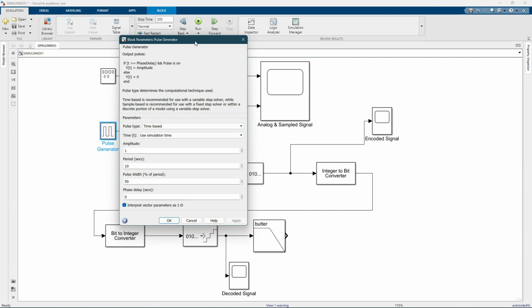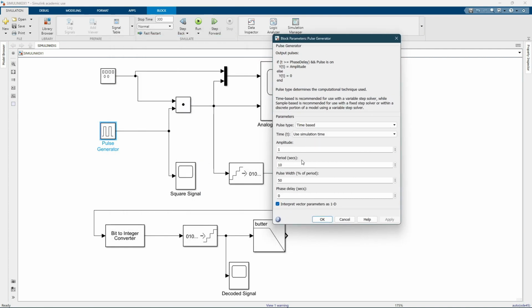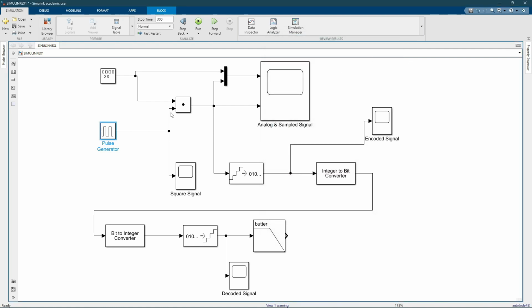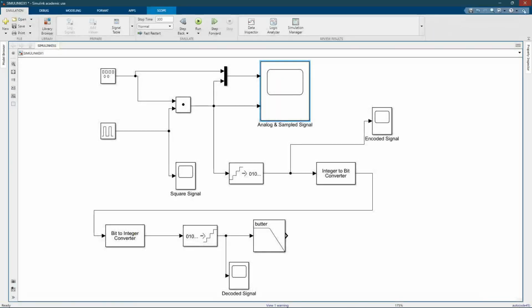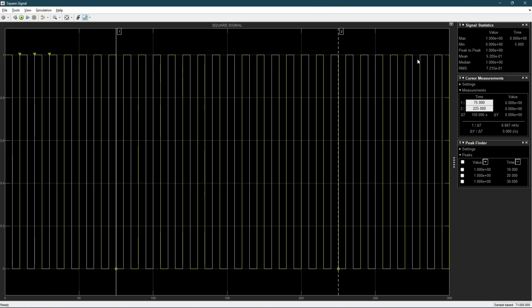The pulse generator is used to generate a square wave, and the amplitude is 1, period is 10, pulse width is 50%. And the dot product is used to generate the sample signal. So this is the analog signal and the sample signal, and this is the square signal.